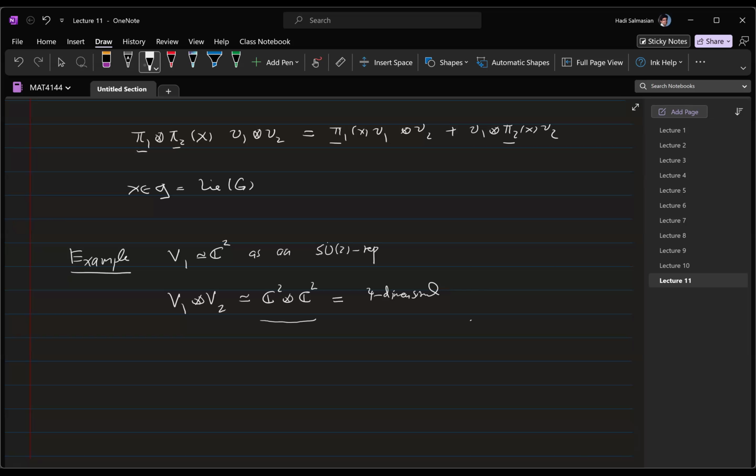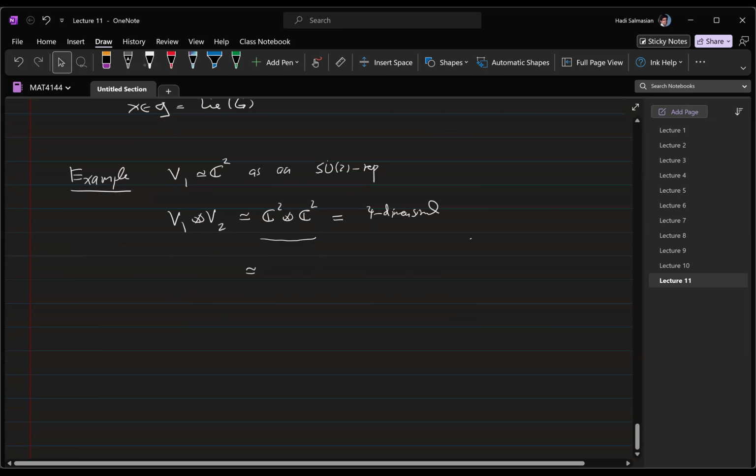So the point is that there's a natural decomposition into two representations. That will be the symmetric part, maybe I write it as S2C2, and then the other one is the alternating part, Λ2C2. This is the span of symmetric tensors.